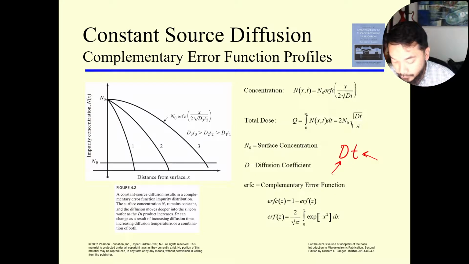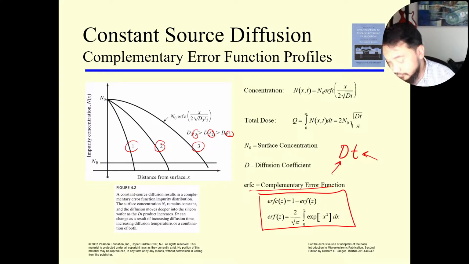Therefore we can say that the Dt product of diffusion 3, diffusion 2, diffusion 1 is different, because D3 is carried out for a longer time, 3 hours. This one is 2 hours, this one is 1 hour. And then this is the complementary error function, which is given by this. If you want to look into it, you have to play around with your calculator or look inside a maths book.